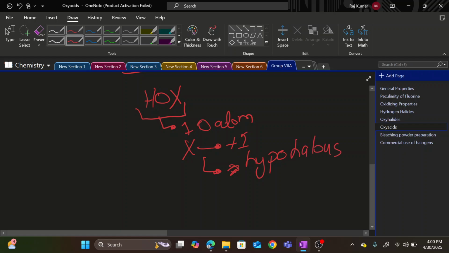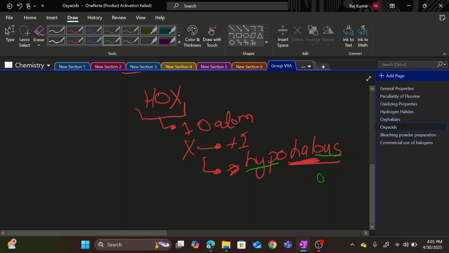In place of halous we will write the name of the particular halogen. For example, if it is chlorine, then we write chlorous. If it is bromine, bromous. Iodine, iodous. In this case I am just generally writing hypohalous. This is the keyword to remember: hypo and ous.